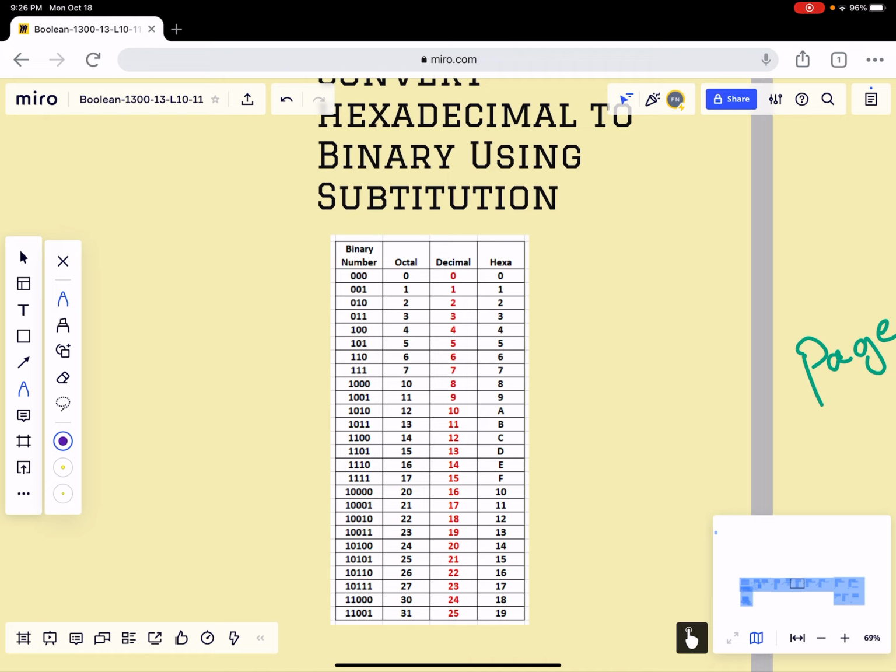Let's look at another example. Let's say I have AB. This is a hexadecimal, so I put out base equals 16. As you can see, A is 10, and in binary A is 1010.